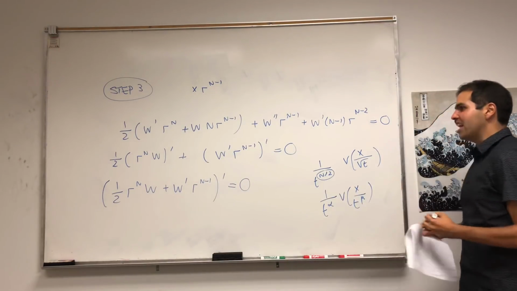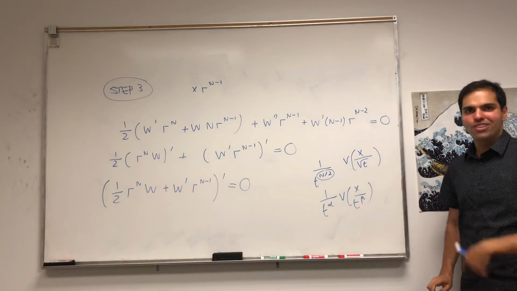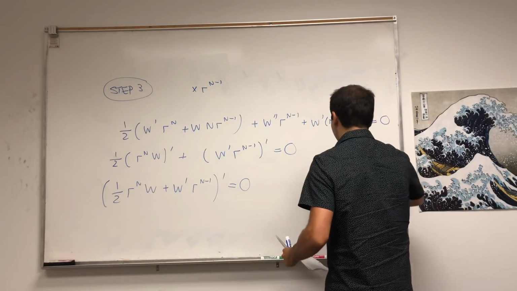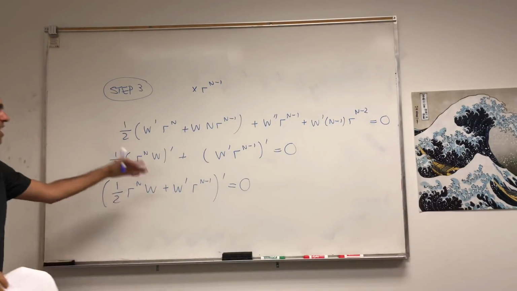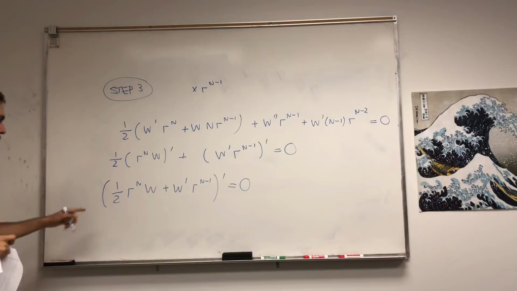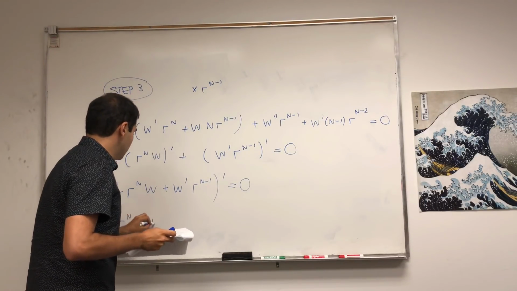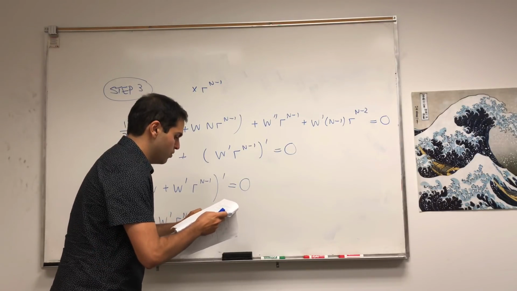Do all your calculations, and then choose alpha equals n over 2 and make this problem work. Alright, but anyway, that's great. We have this ODE, we can solve it. So we get 1/2 R to the n W plus W prime R to the n minus 1 equals a constant.